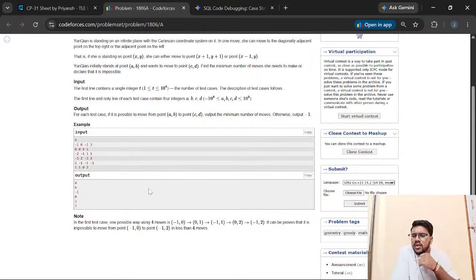Difference is 1. 4 and difference is 0. So you can directly print 0.